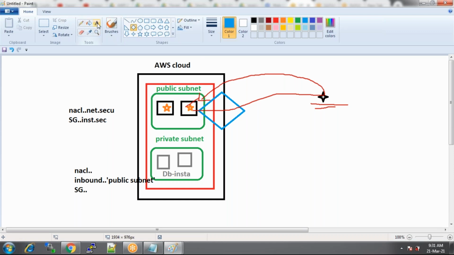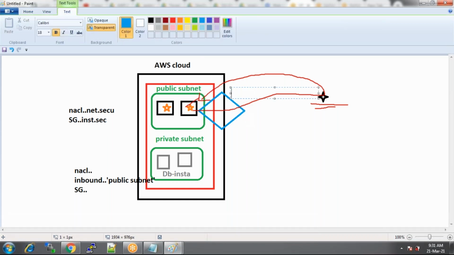This provides the security. When a subnet is attached to an internet gateway, that subnet is called a public subnet.